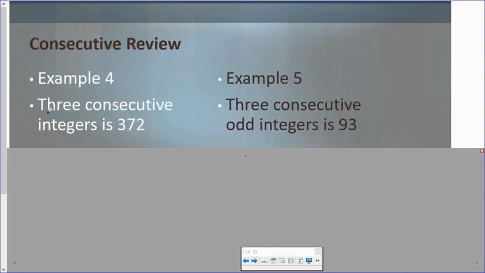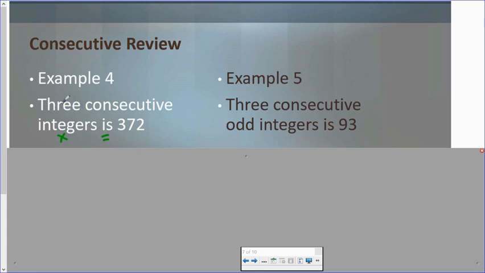Okay, so for this example, we have 3 consecutive integers whose sum is 376. So I'm going to let x be my integer, my very first integer, because that's my unknown. I don't know what it is. So we label that as x. The sum is going to represent equals.